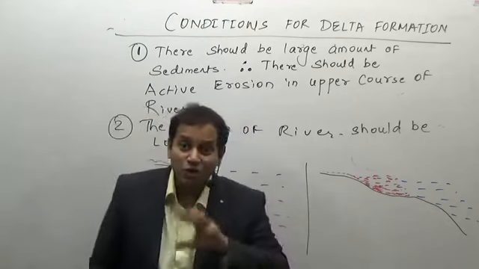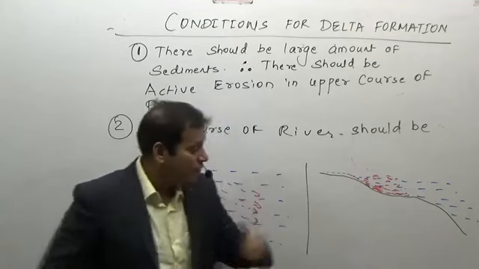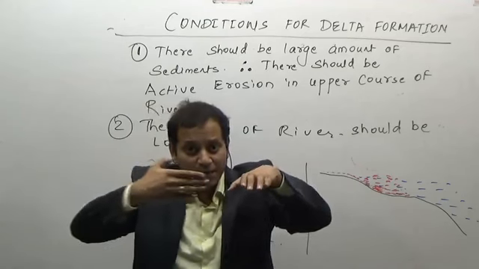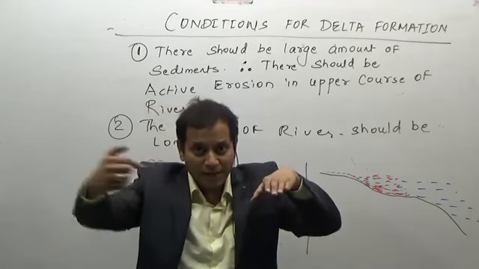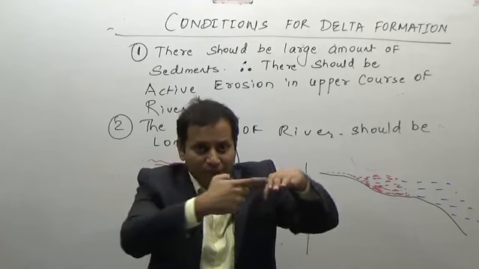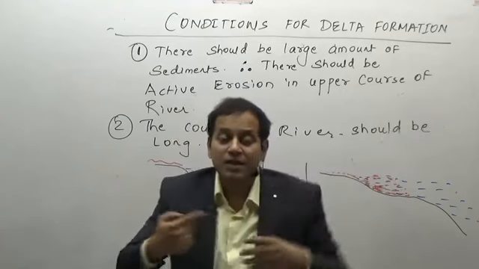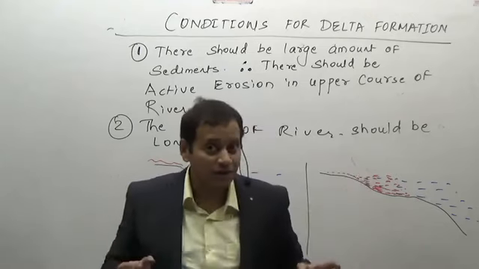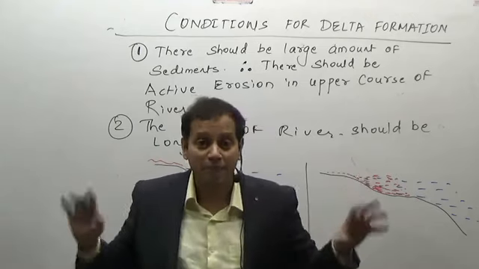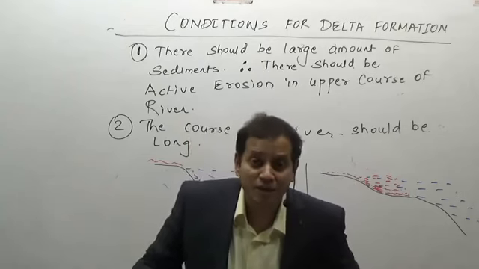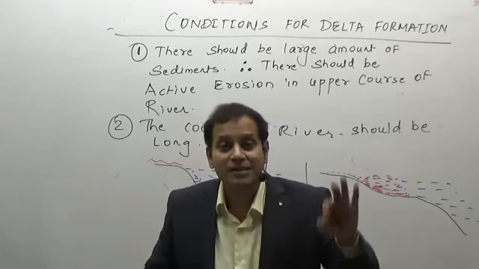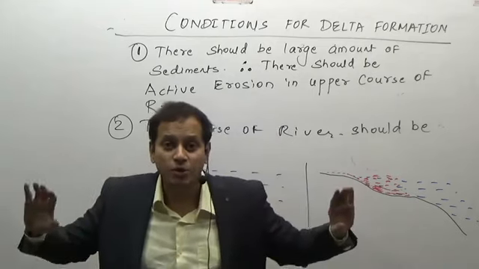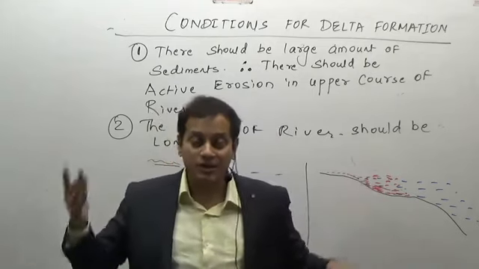Even if there are strong ocean currents which flow parallel, perpendicular to the deposit of sediments, this ocean current will remove that sediment, resulting in no delta formation. That means the fourth condition is that the sea should be calm. So the sea coast should be shallow and the sea should have calm conditions, no very strong winds, no ocean currents moving perpendicular to the sediment supply.